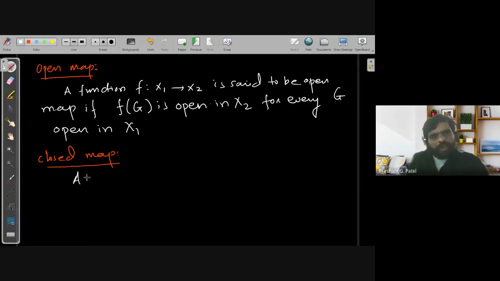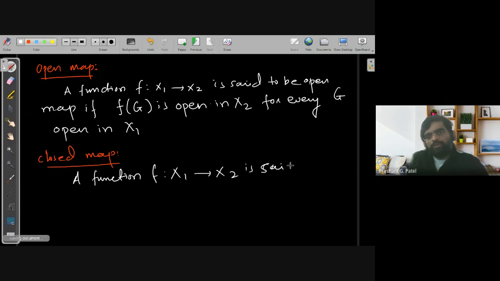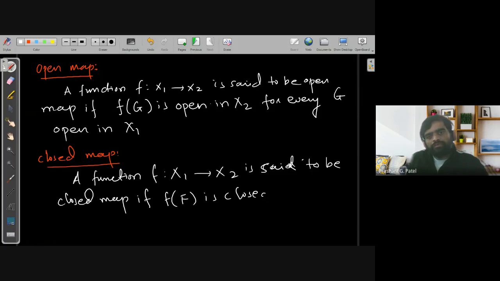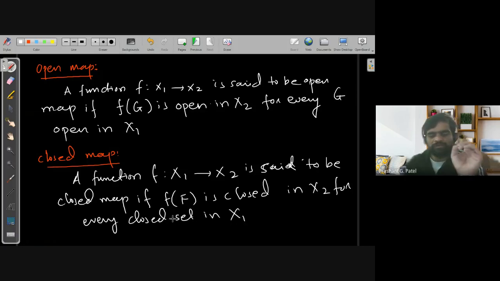In the same way we can define a function f from X1 to X2 to be a closed map if f of F is closed in X2 for every closed set F in X1. That means it will map a closed set to a closed set.